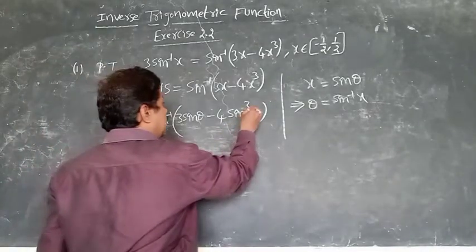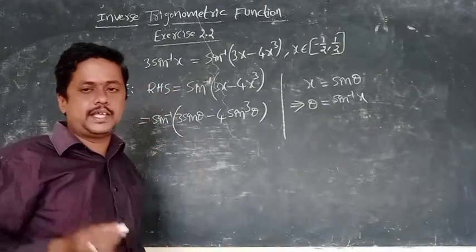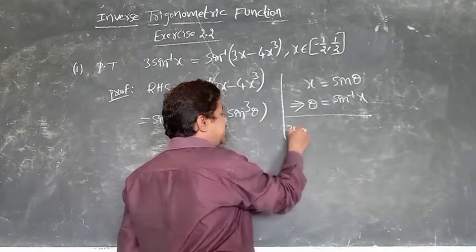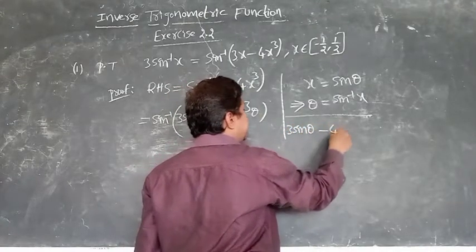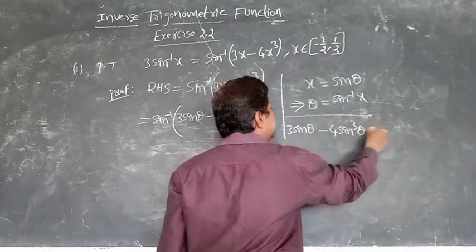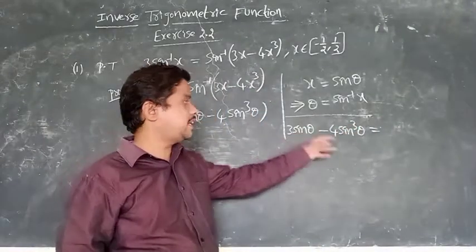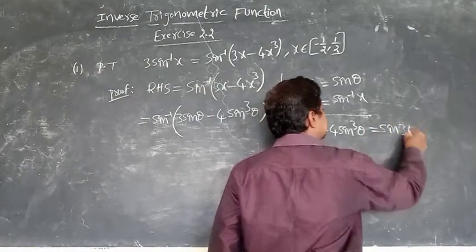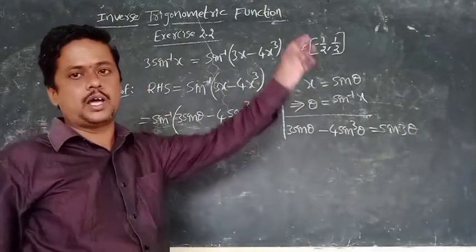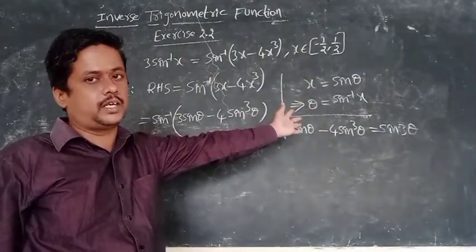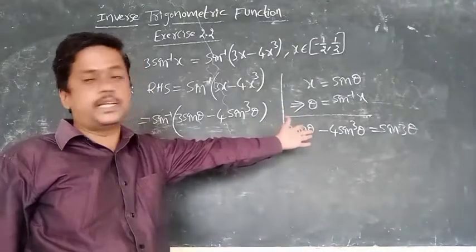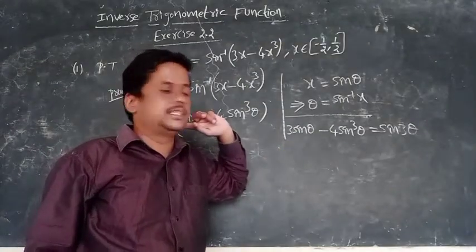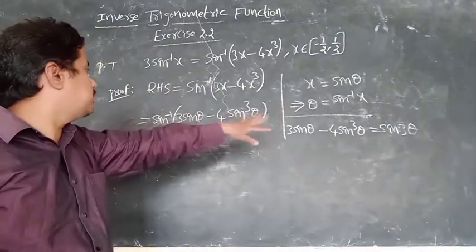One formula is there from first PUC: 3 sin theta minus 4 sin cubed theta is equal to sin 3 theta. This is the formula you have already learnt in first PUC trigonometry. You have to learn this formula well.